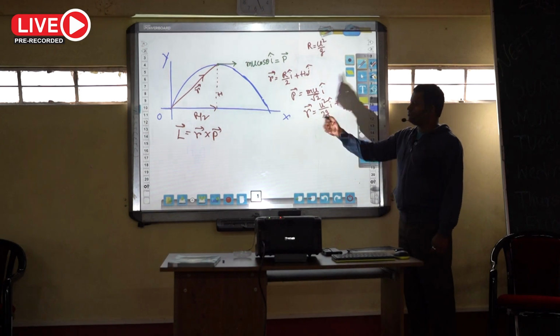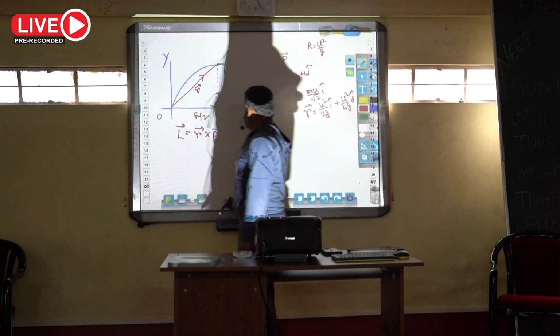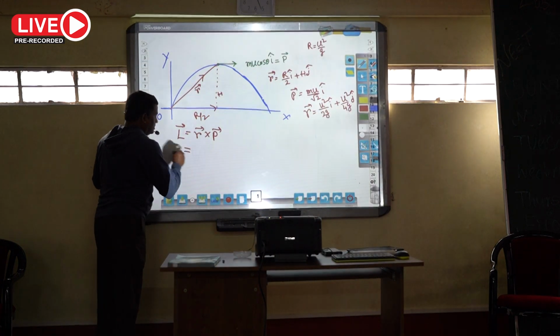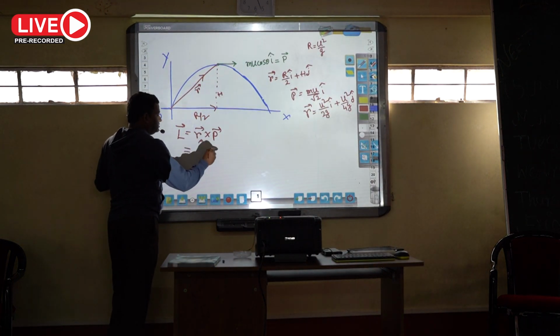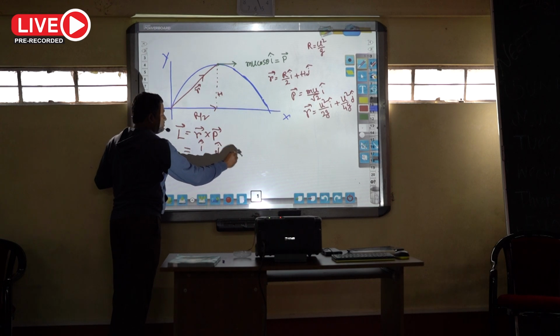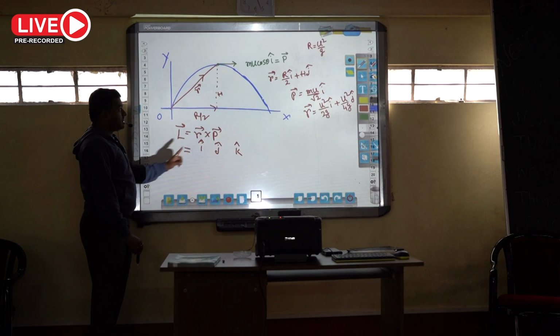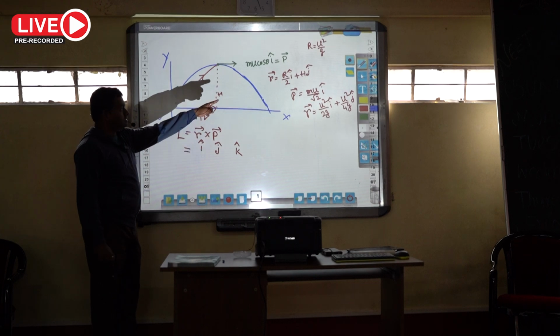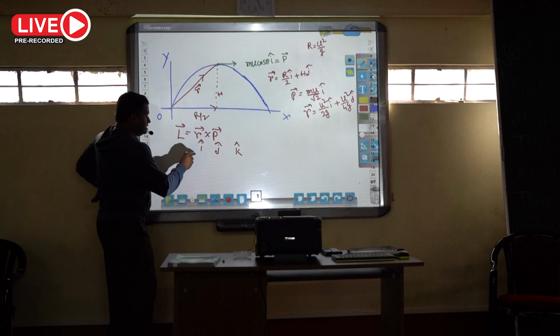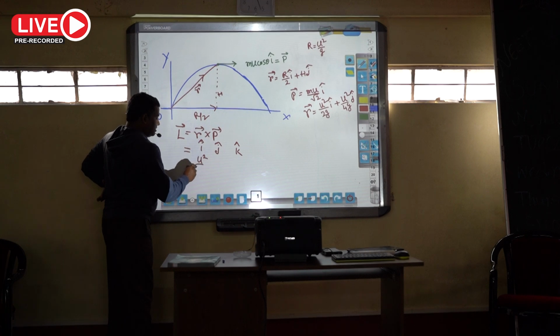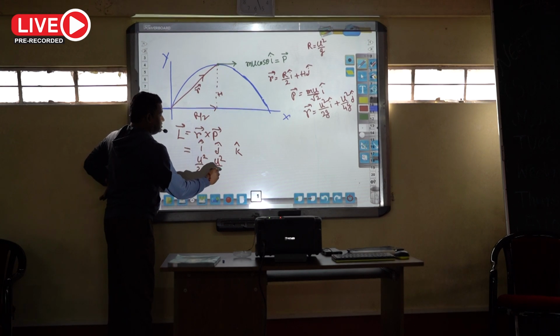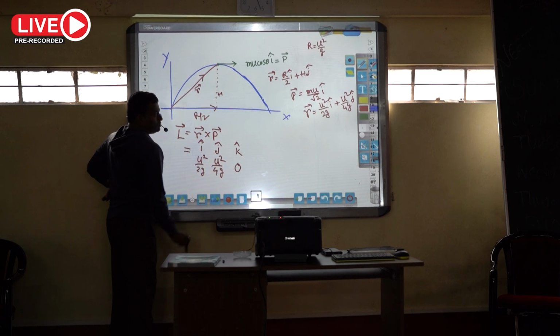Okay, so now put and do the cross product. i cap, j cap, k cap. In case of r, the terms are u square by 2g, u square by 4g. This term is 0, there is no k cap term.